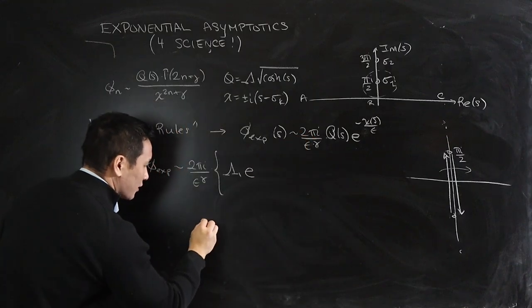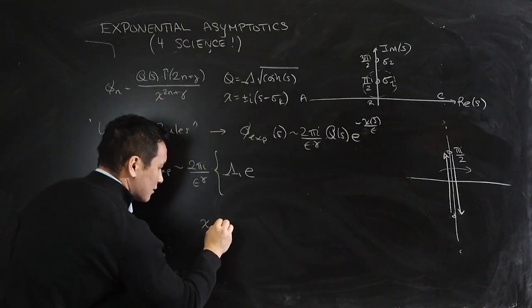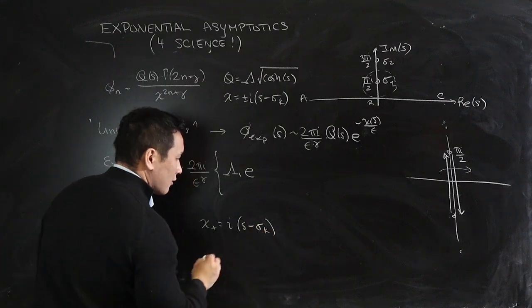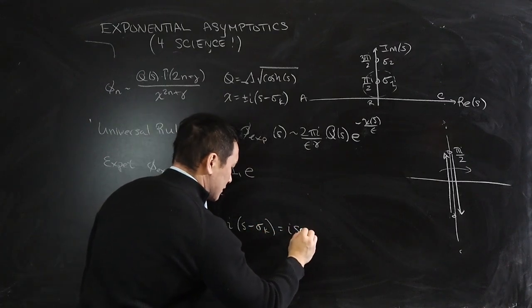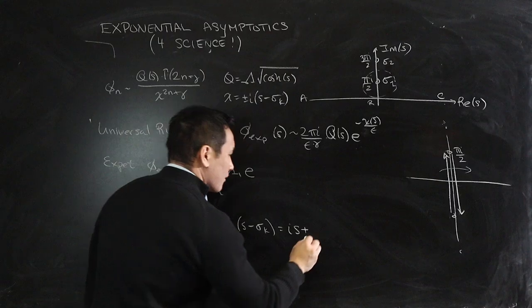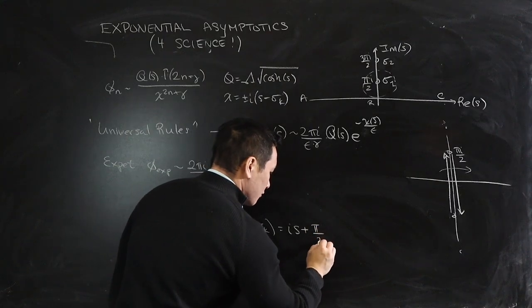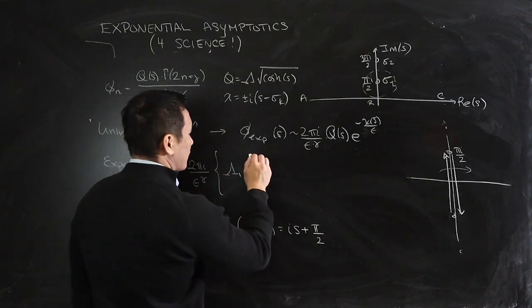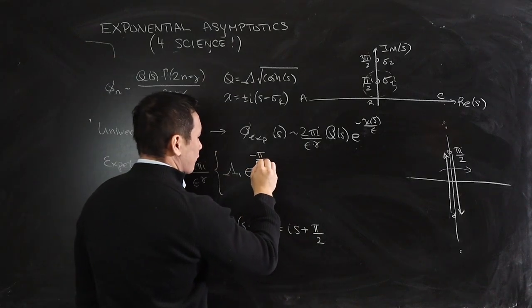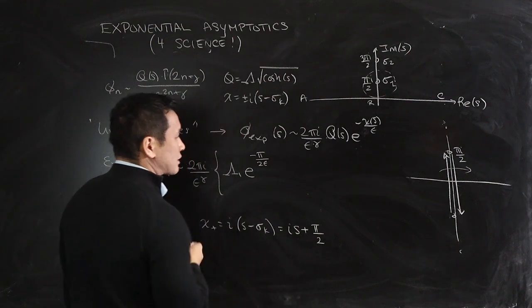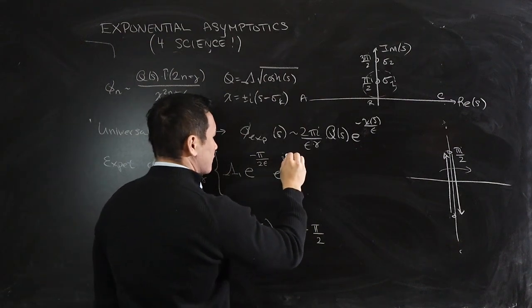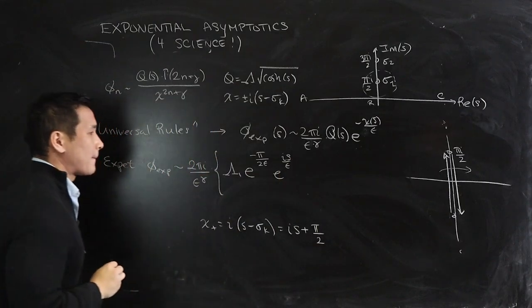So if I think of chi plus being i times (s − sigma k), which is i times (s + π/2), this is from the singularity in the upper half plane. Then I'm going to have an e to the −π/(2ε). There's my exponential smallness. And then an oscillation, e to the is over epsilon.